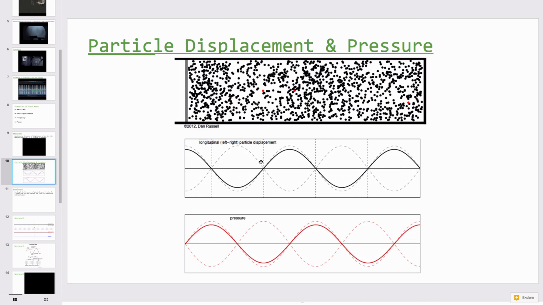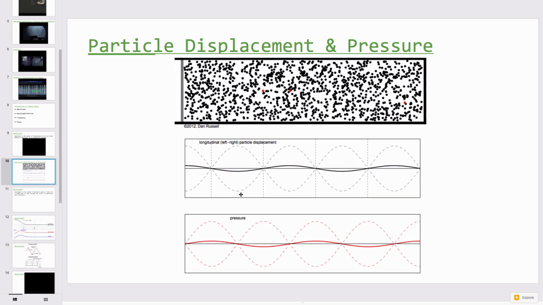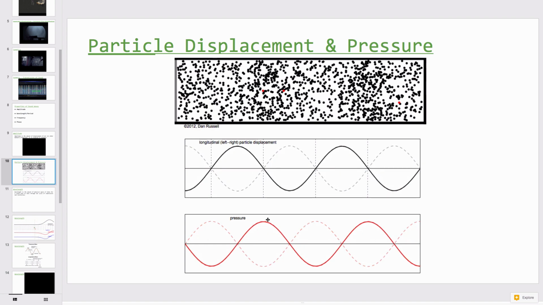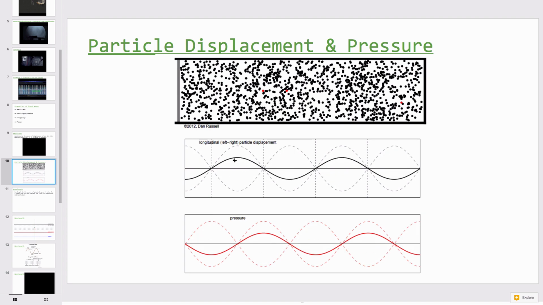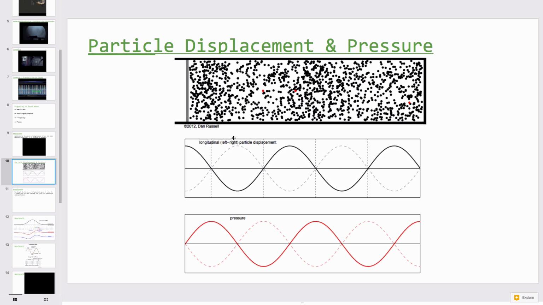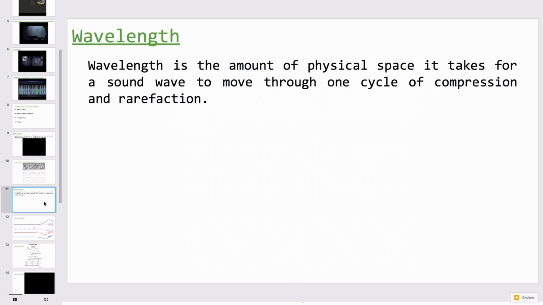This particle is being displaced that much, but then also there are these changes in pressure. With the high pressure and low pressure, the particles are being displaced to the left and then to the right, to the left and to the right. Okay. So that's amplitude, and basically it's one of the properties of sound waves.